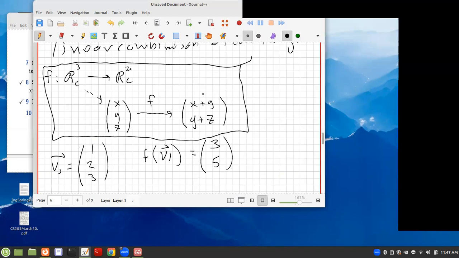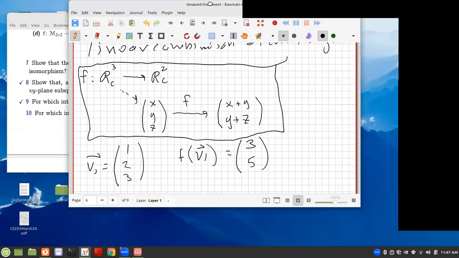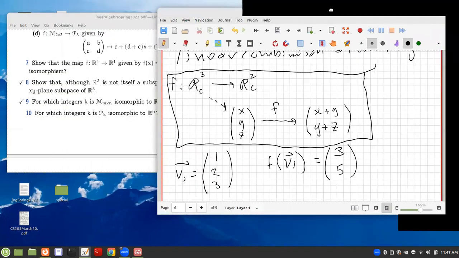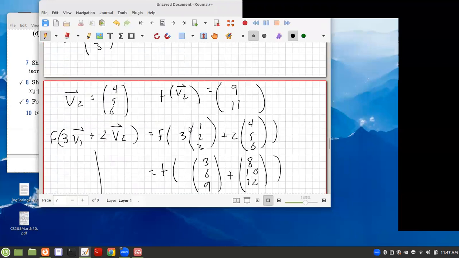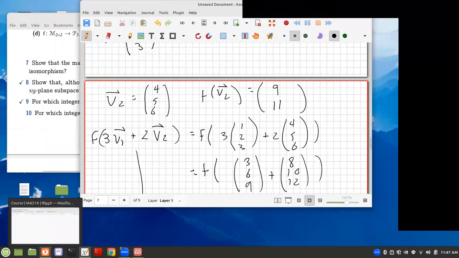The rule of thumb is if the components of the image vector here are linear combinations of the components over here, then it's going to be linear. And okay, so that's the idea of linearity. What we're mainly going to be interested in is using these maps, not just verifying that they're linear, but you need to understand the linear property and how that works.